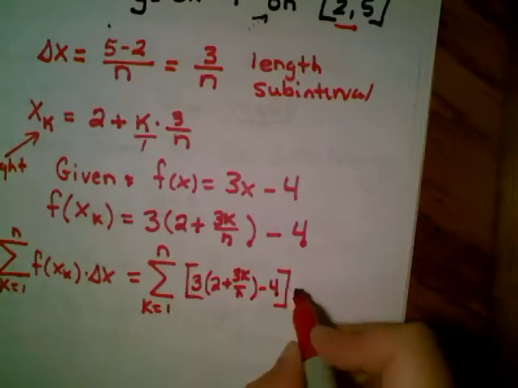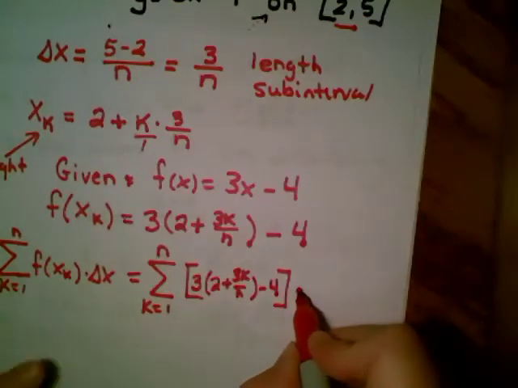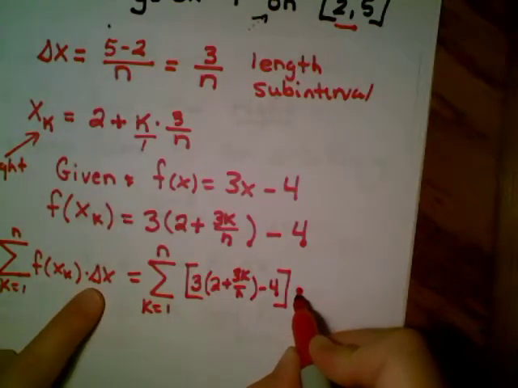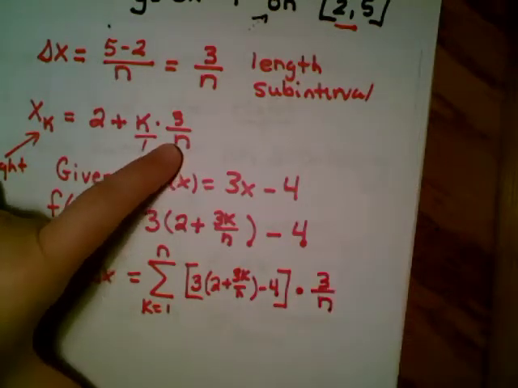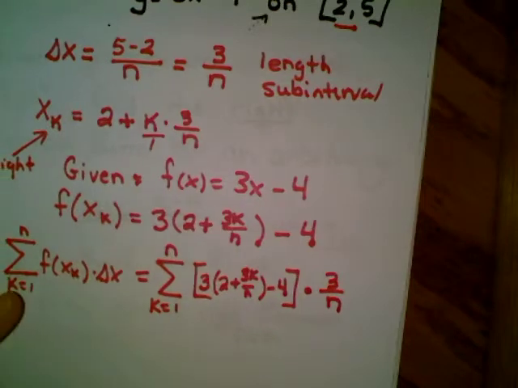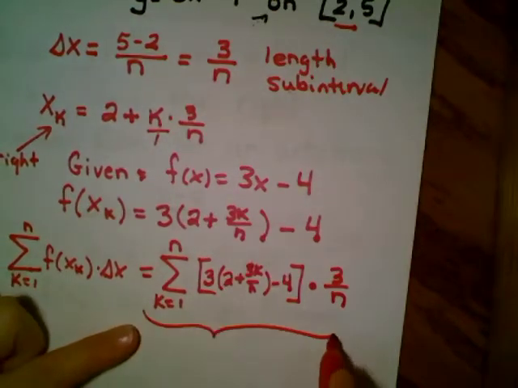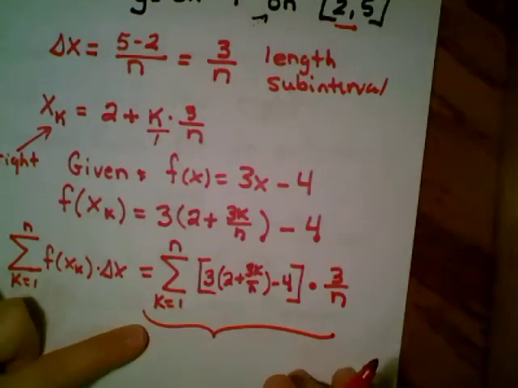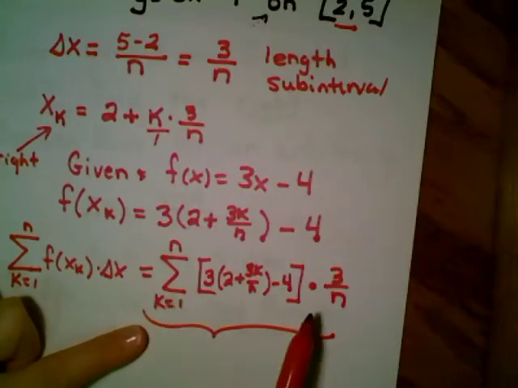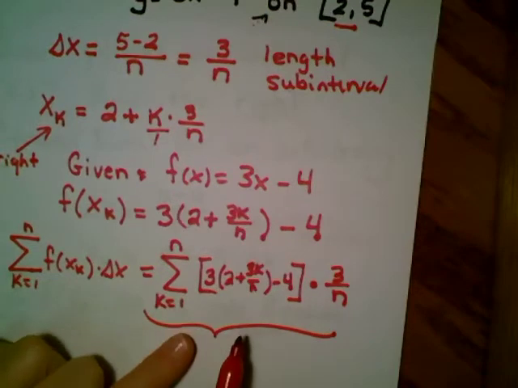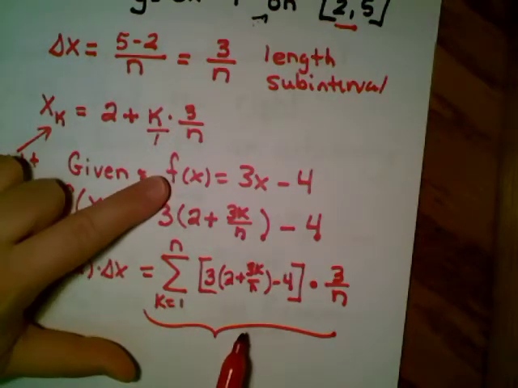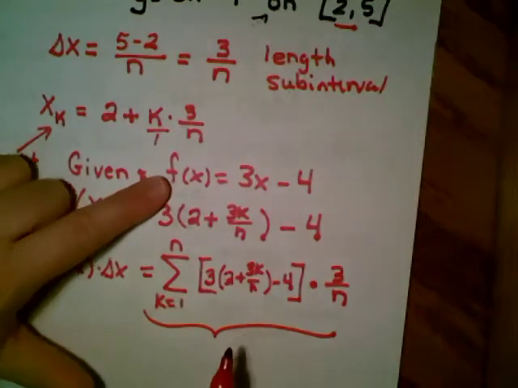Maybe put that in parentheses, because we're going to have to multiply that times delta x. And delta x is this fraction, 3 over n. And if a person's just asked to write down the right Riemann sum and not evaluate it, this would be the right Riemann sum for function f on the interval 2 to 5.